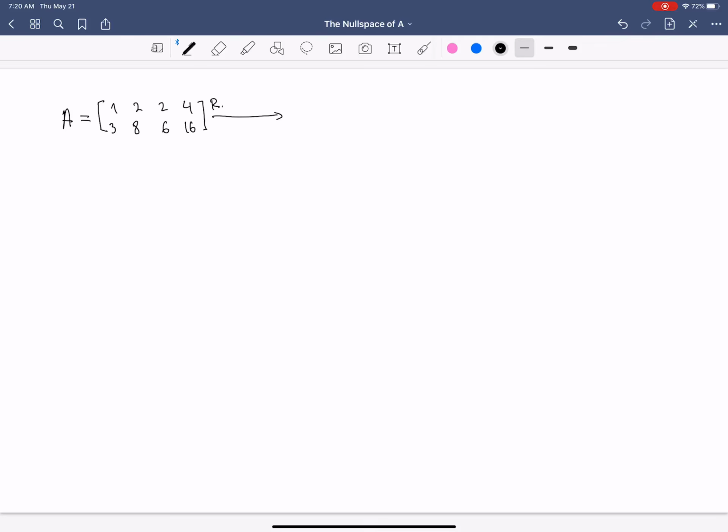So the operation is R2 minus 3R1 into R2. And we are getting 1, 2, 2, 4, 0, 2, then 0, and 4.